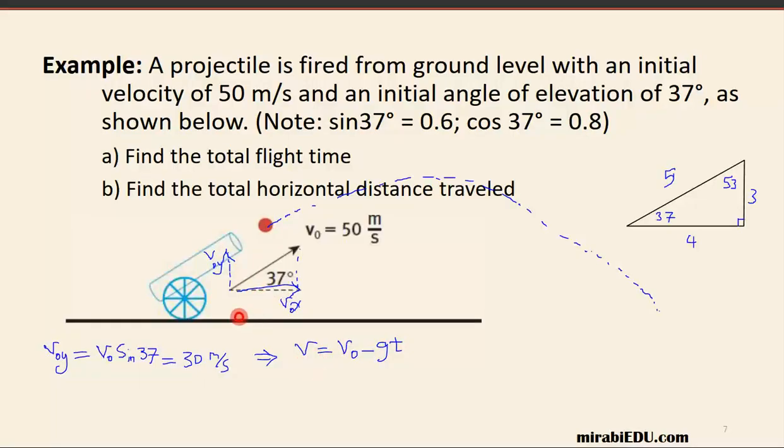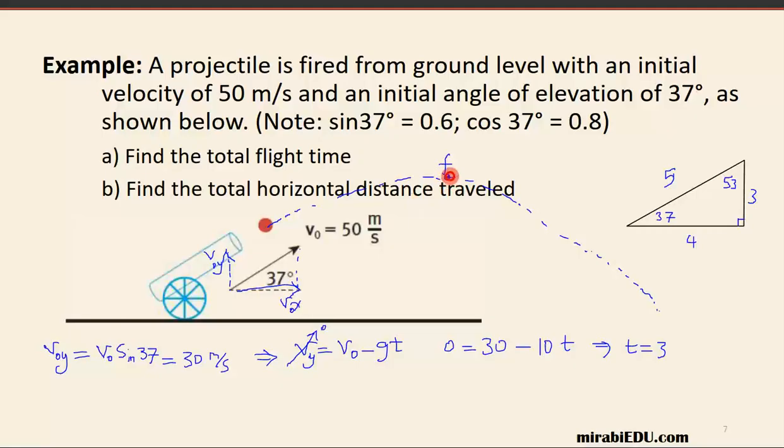Applying this between the initial firing position and the peak point, let me take the final position here. At the final position, Vy will be 0, V0 will be 30, so 0 equals 30 minus 10t. It takes 3 seconds for the cannonball to reach the peak point.